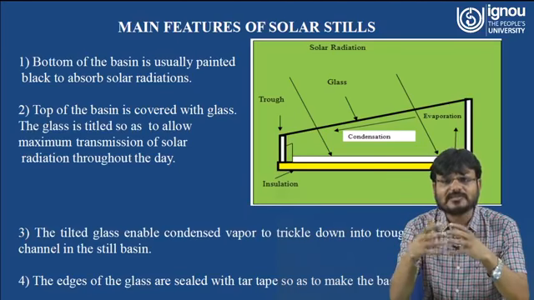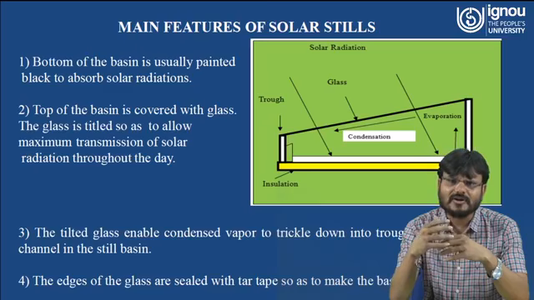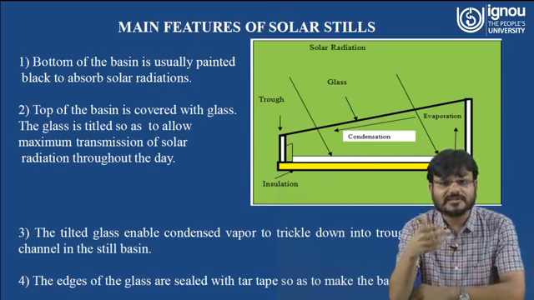And how can the difference in temperature be increased? Either you increase the temperature of the evaporated water, or you reduce the temperature of the glass cover. We will discuss later how it can be done.